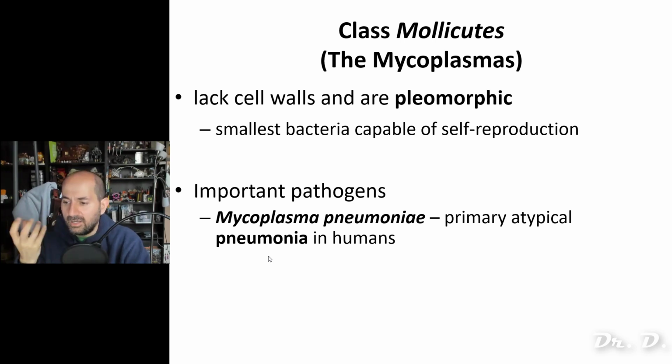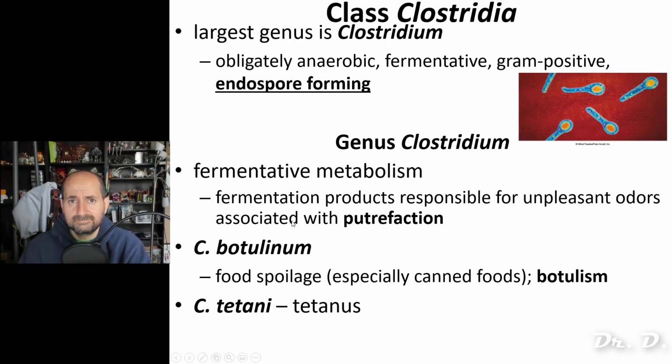If I cough, those little droplet nuclei floating out from my mouth can harbor these tiny bacteria, and those bacteria can travel further distances, probably down your respiratory tract, and my pneumonia can become your pneumonia via transport of these tiny pleomorphic bacteria through aerosolized droplets.